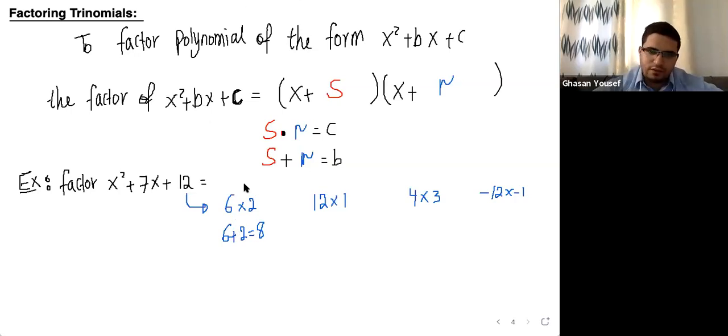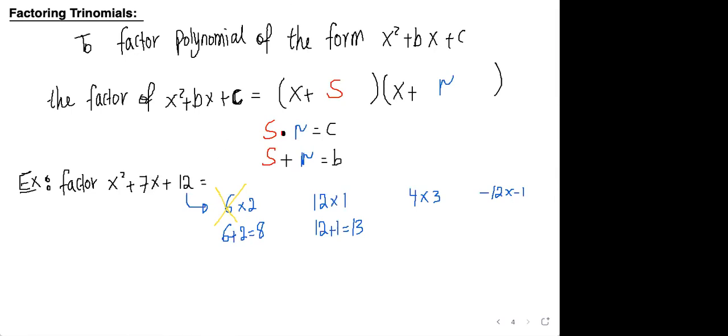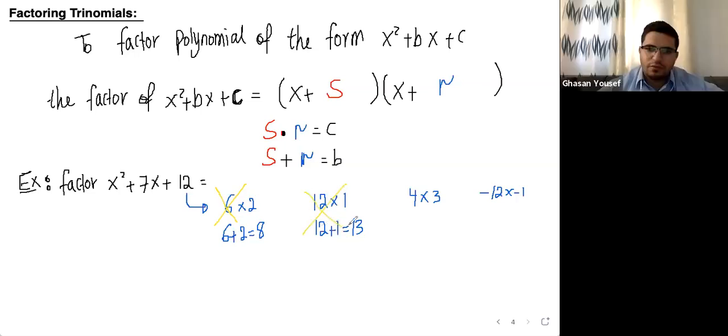For the second one, what is the addition of 12 plus 1? 13. Is it the same as 7? No, so this will not work either. I have to remove it.